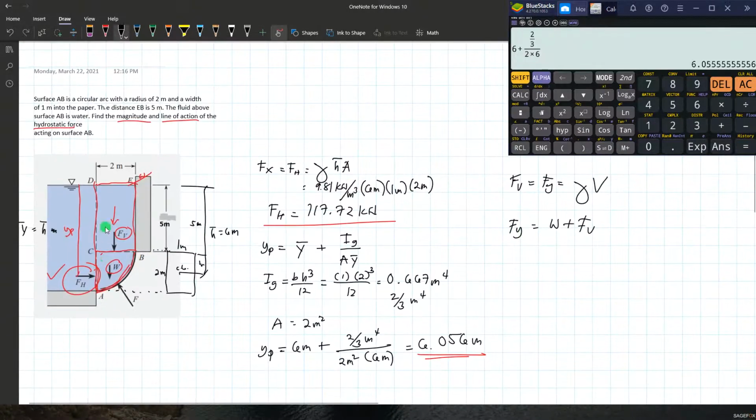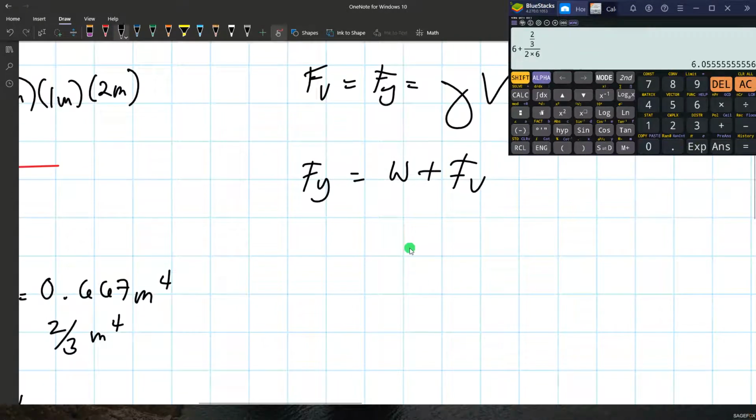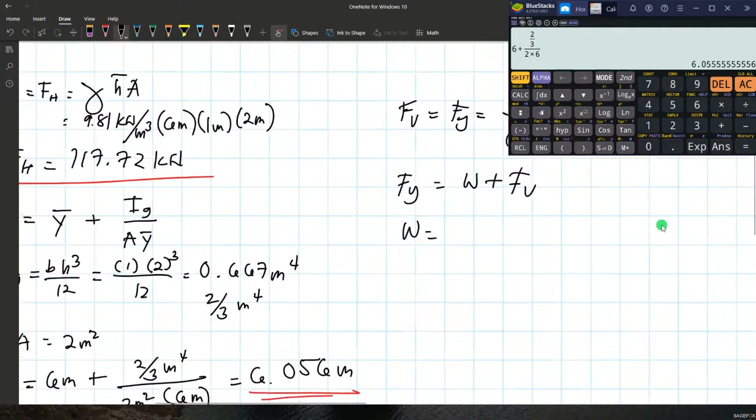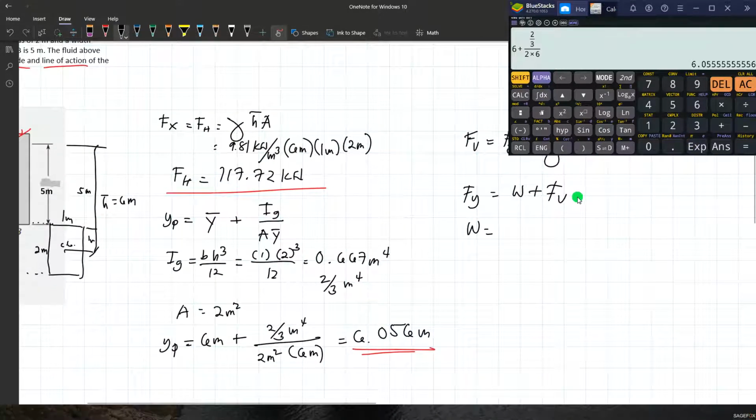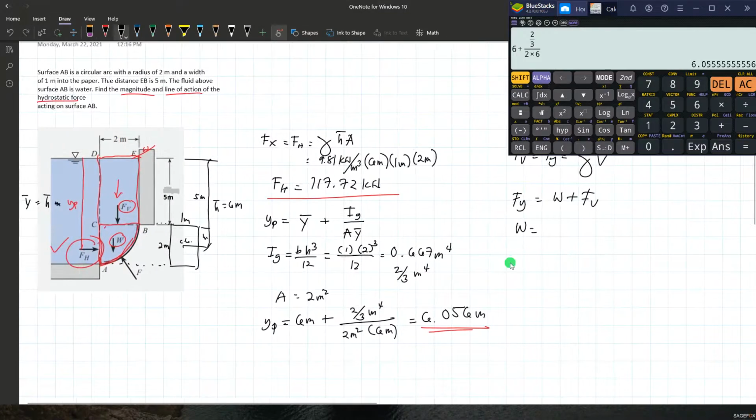Okay, so W first, the weight or the equivalent vertical force of the quarter circle. The volume for the quarter circle is just equal to one-fourth of the area of a circle, multiplied by the width, which is 1 meter, so that we can determine the volume.